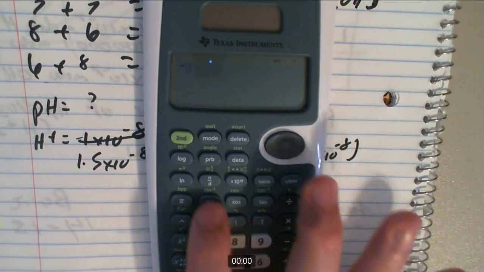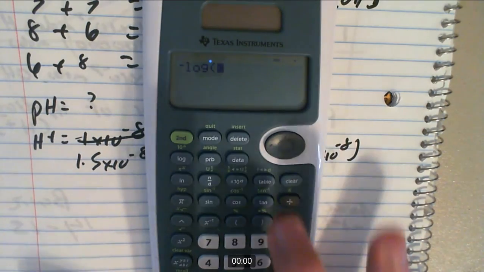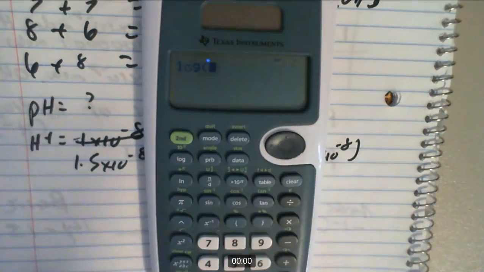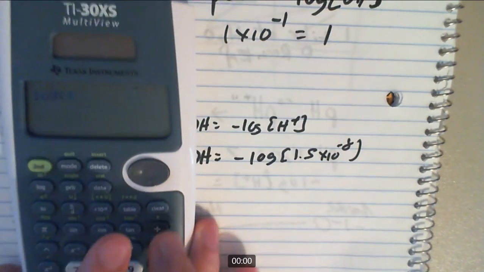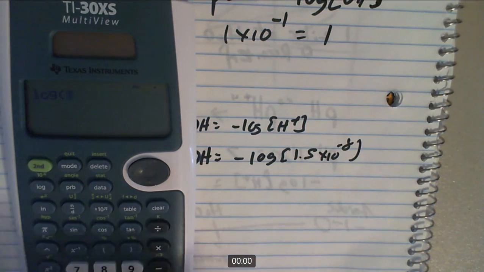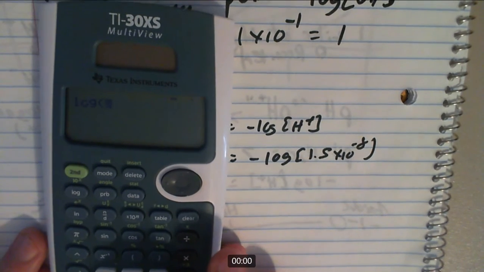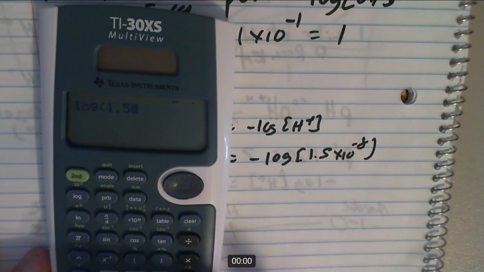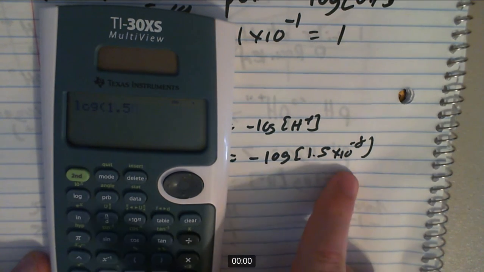I could hit negative log, and then actually do it if you wanted to, if you have a fancy calculator, but if you don't, you might have to hit the number first, then hit log, or you put the log first, then put the number. Your calculator is different. Look it up. Teach yourself how to use your calculator, or you can ask me, and I can help you as best I can. Send me pictures. I'll see what I can do. Take the log of 1.5, and then how do I put in times 10 to the negative 8?